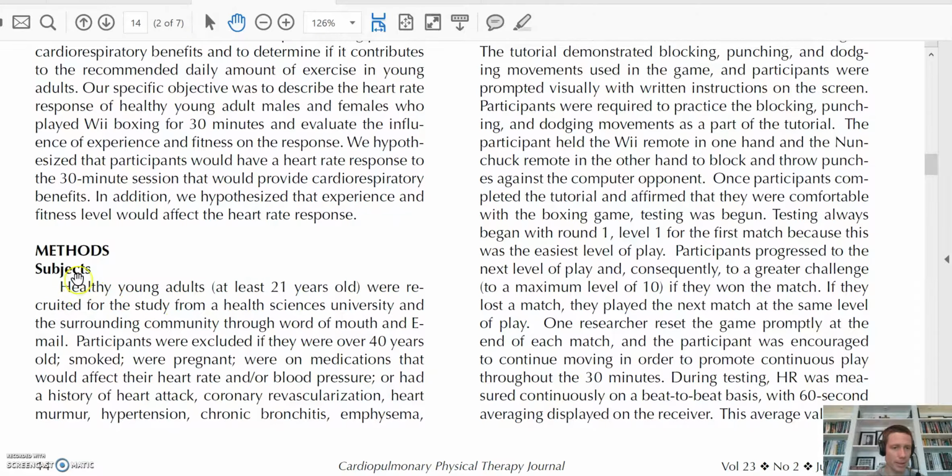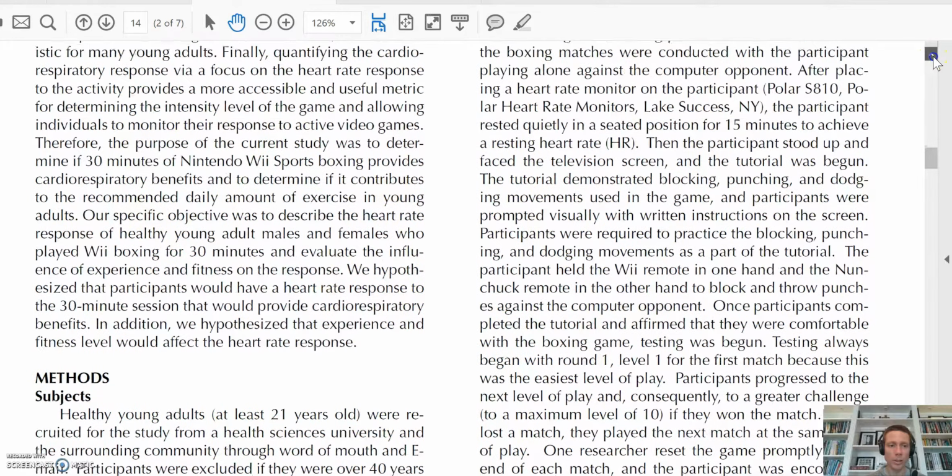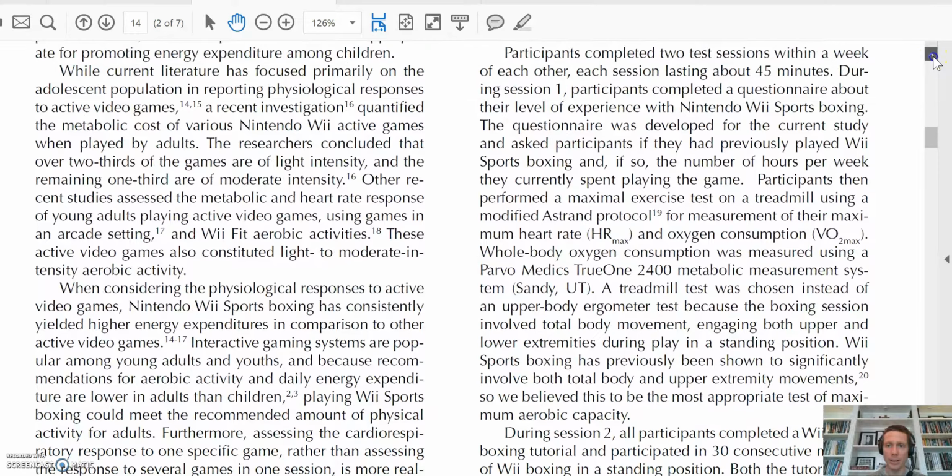At the beginning of the methods section, we're typically going to describe the participants, and we're looking for where it discusses IRB or consent. So here they're just talking in this paper about who the participants were, and I'm going to go to the top of the next column.